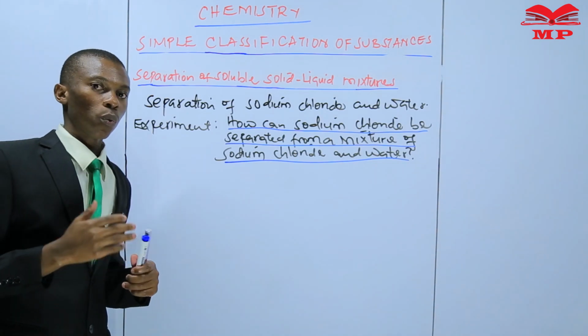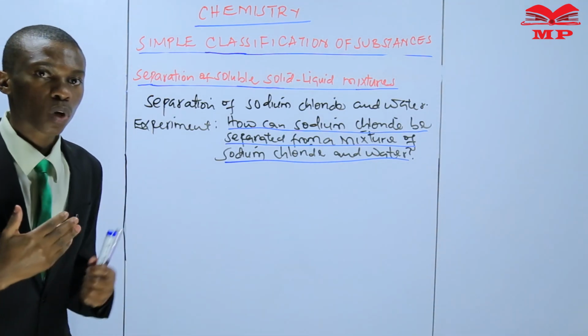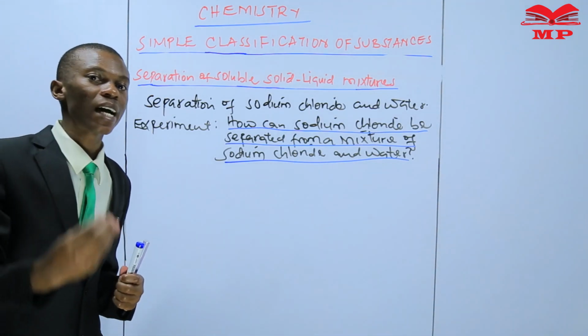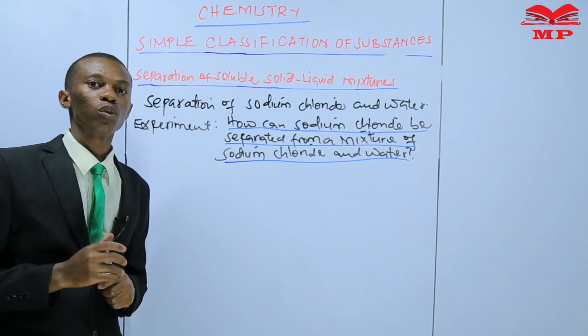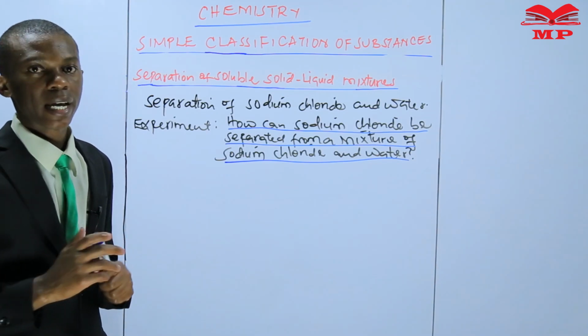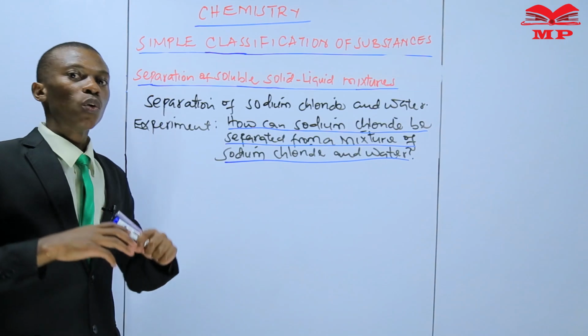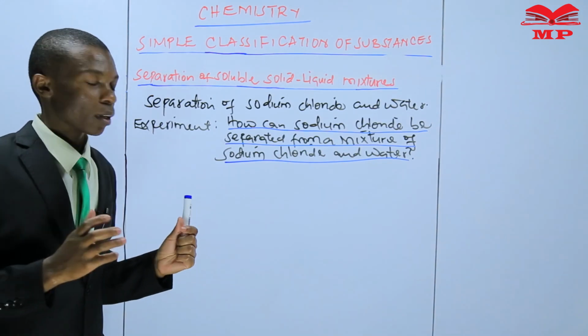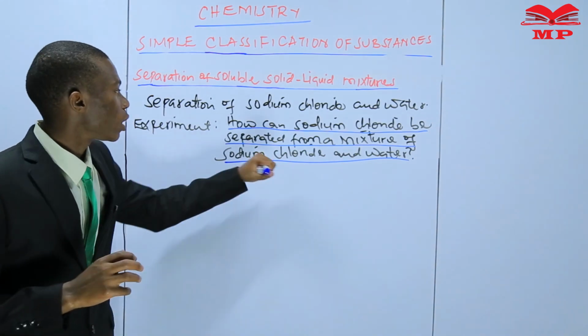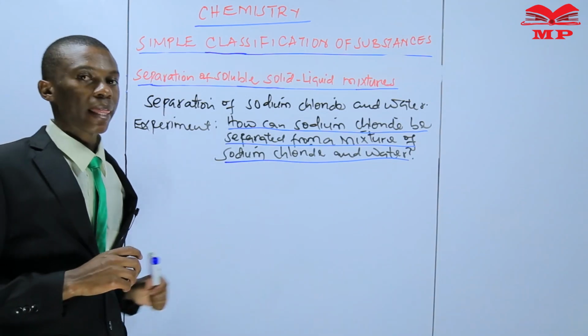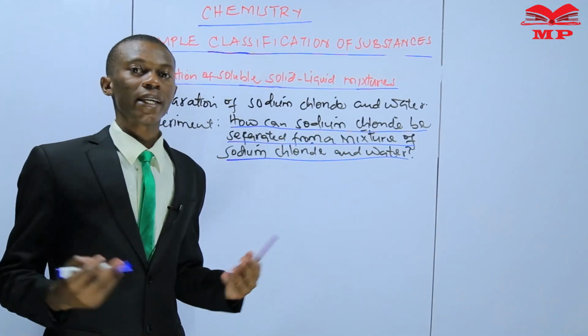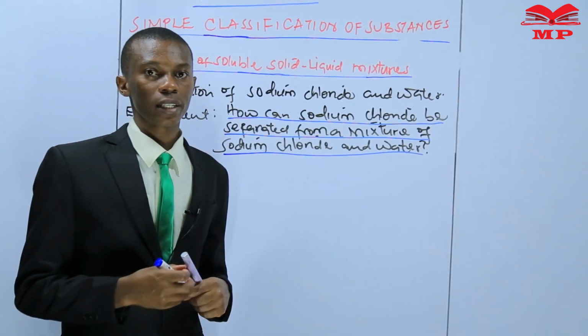Therefore, when you add sodium chloride in water and stir, the sodium chloride is going to dissolve in water and you are going to form a solution. In this case, sodium chloride is the solute, water is the solvent.